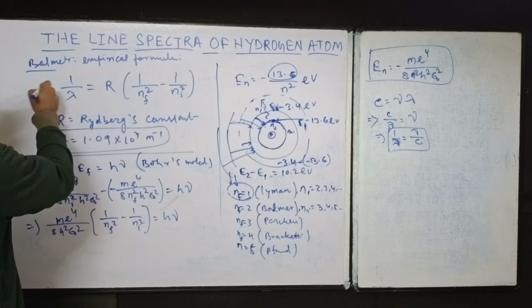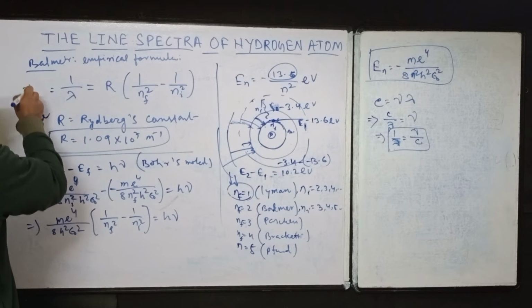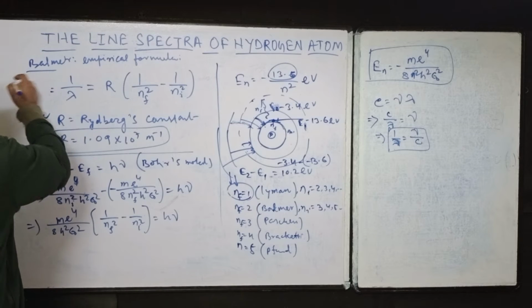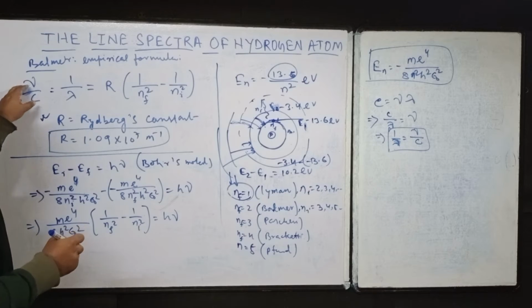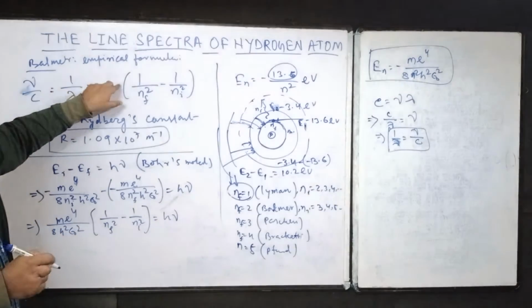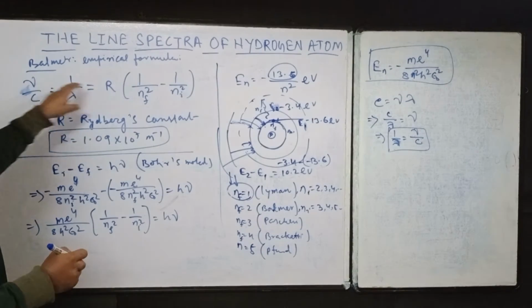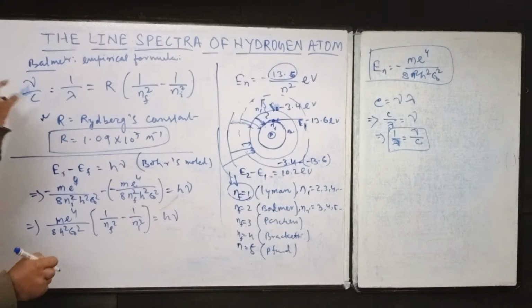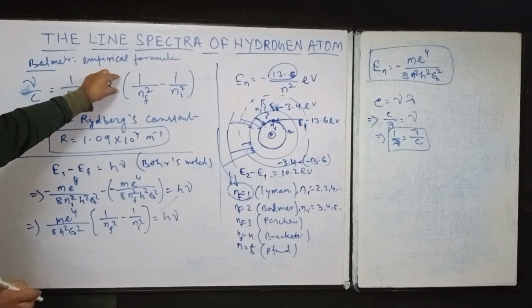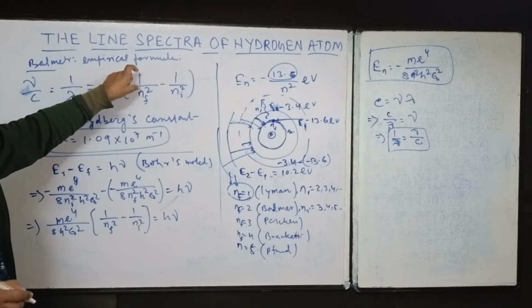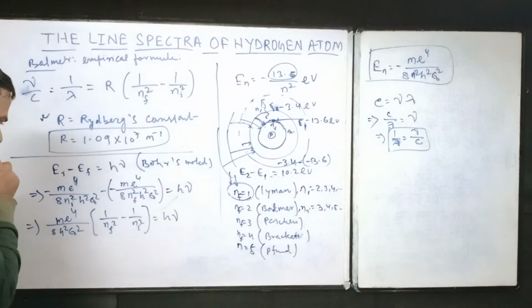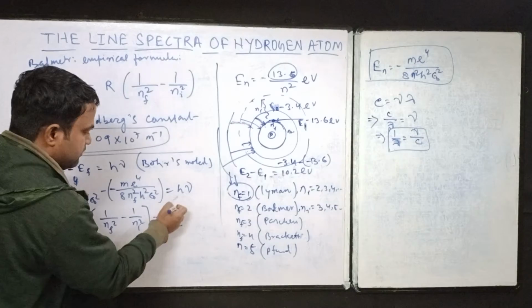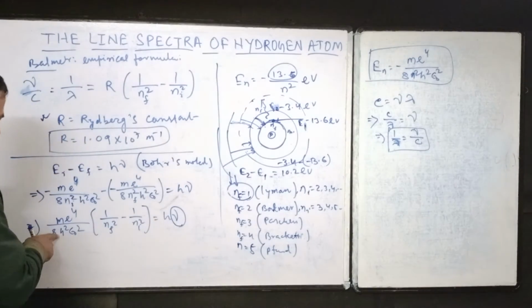Or in terms of nu you can write nu will become R into c. If you want to write this equation in terms of nu, the frequency, then c you will multiply here: Rc into 1 by Nf square minus 1 upon Ni square. Fine. So here we have nu, that means h I'll divide here.